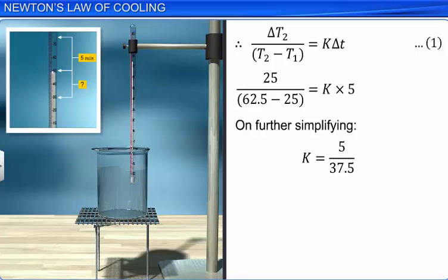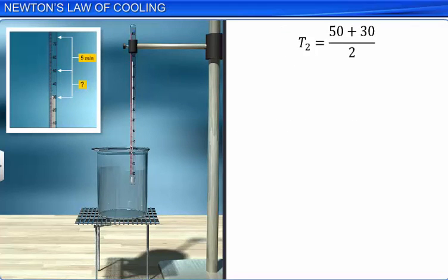Now, the values to calculate the time for the water to cool from 50 degrees Celsius to 30 degrees Celsius are the average of 50 degrees Celsius and 30 degrees Celsius is 40 degrees Celsius, and hence T2 is equal to 40 degrees Celsius. T1 is equal to 25 degrees Celsius. Delta T2 is equal to minus 20 degrees Celsius.